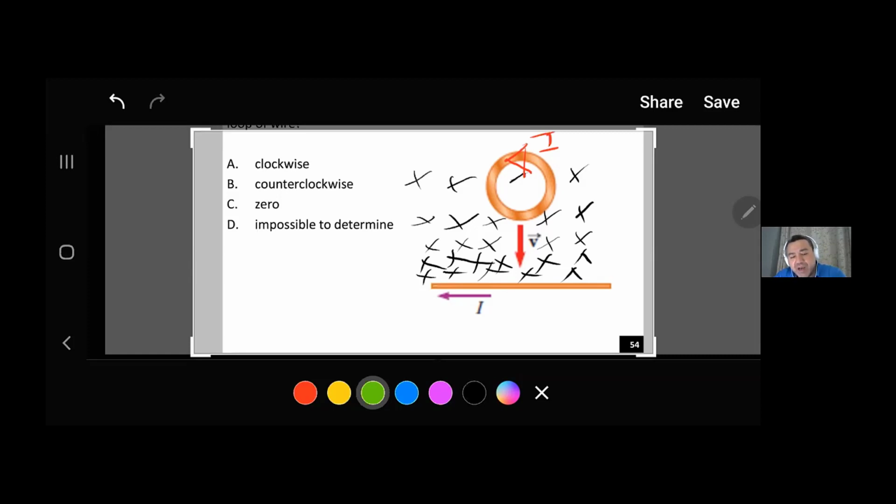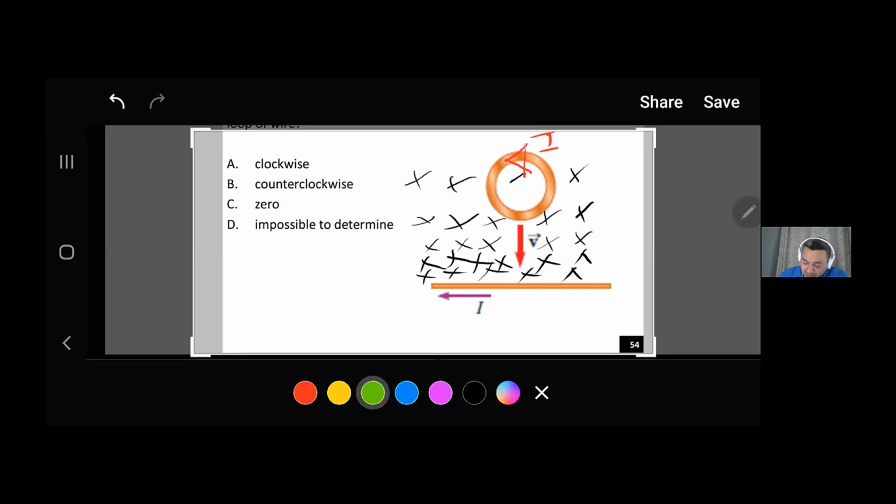That's why we have the minus in Faraday's law, because we're referring to the external magnetic field, the opposing magnetic field. The right-hand rule is applied on the opposing magnetic field. The opposing magnetic field is the one that defines the direction of the current.